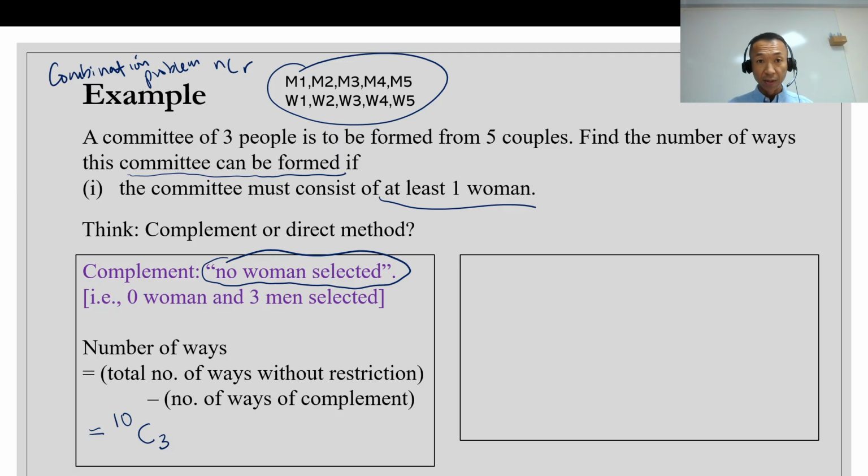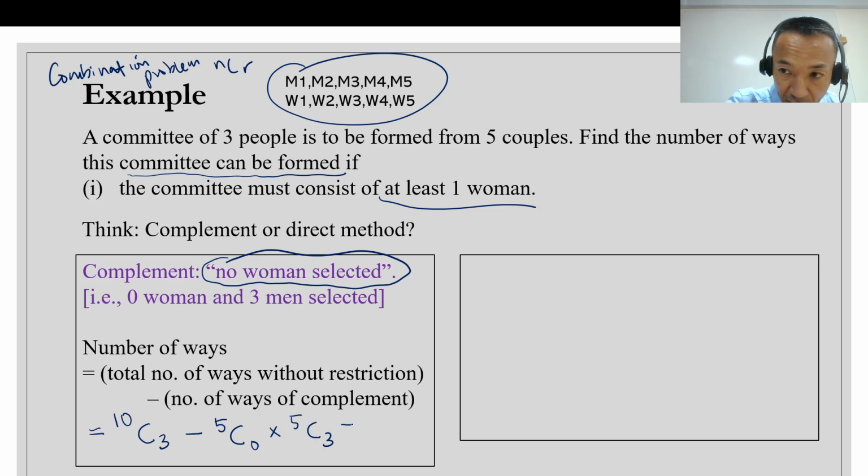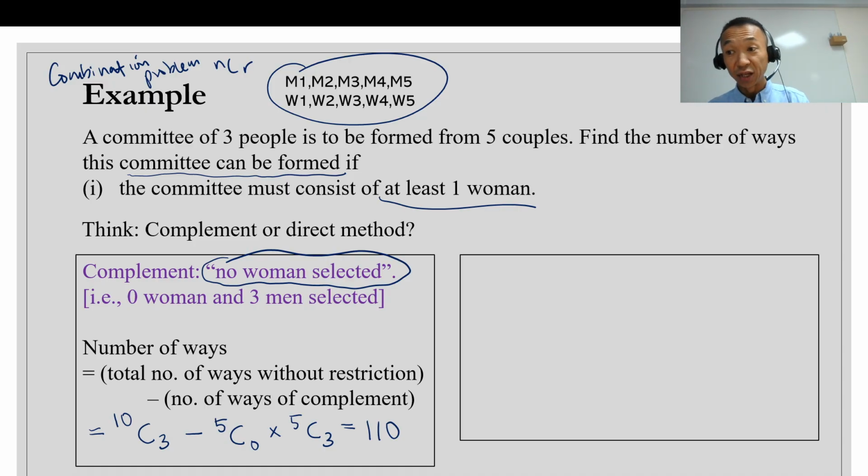And each 3 could be 1 man, 2 women, 3 men, etc. Minus away where no woman is selected, which is 5 choose 0 times 5 choose 3. And your answer is 110. Done. Not a bad idea to choose this, yeah? It's quite fast.